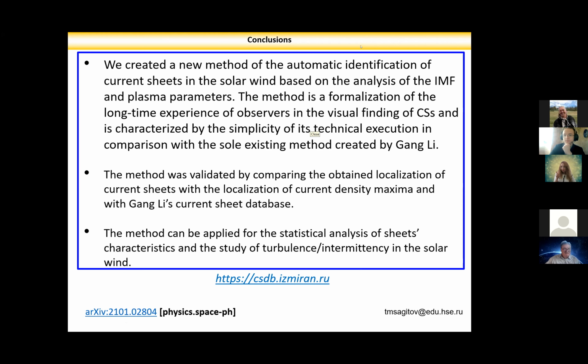But we added two more. This PVI method can identify all discontinuities on the way, but we try to choose only current sheets. That's the difference. Yes, the correlation between PVI and, for example, the derivative of the magnetic field is always very high. It's practically the same if you look at the formula.